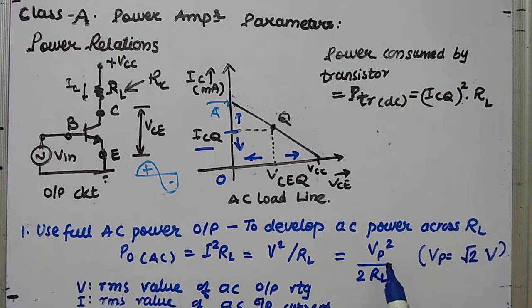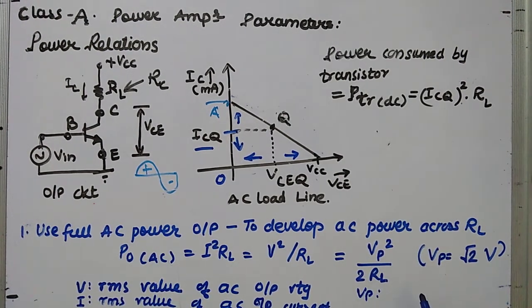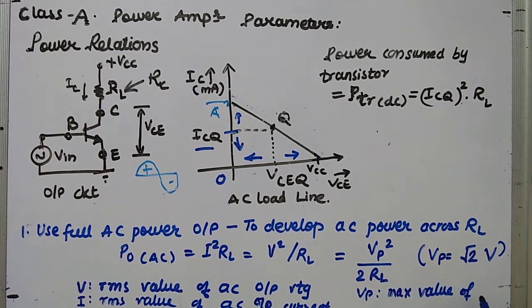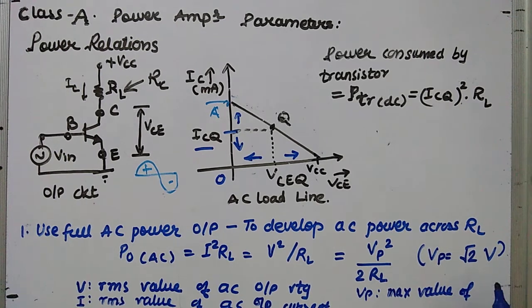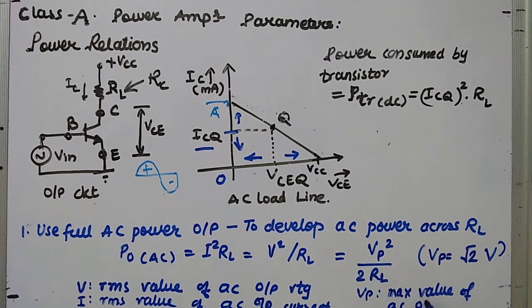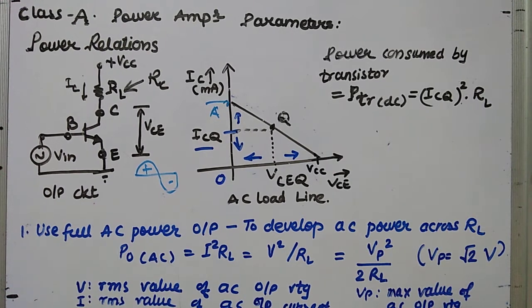And what is this VP? VP is the peak or maximum value of the AC output voltage.